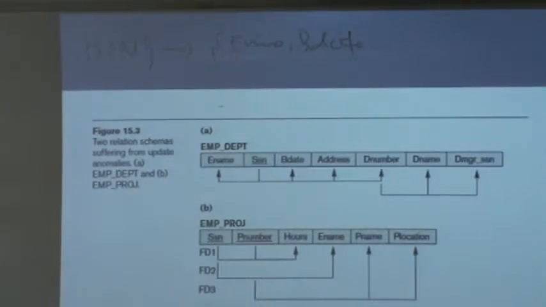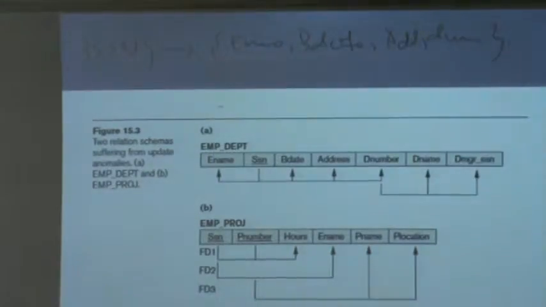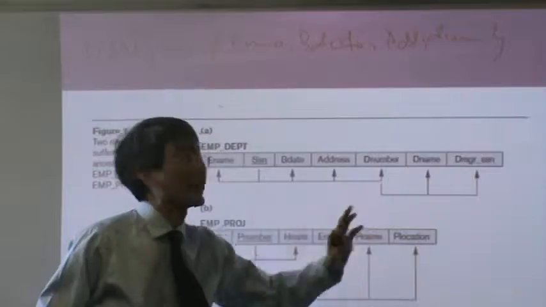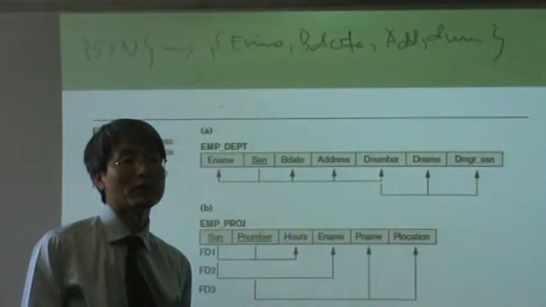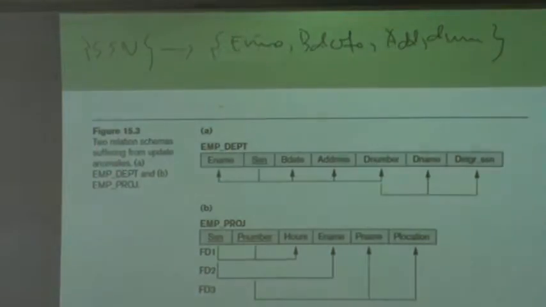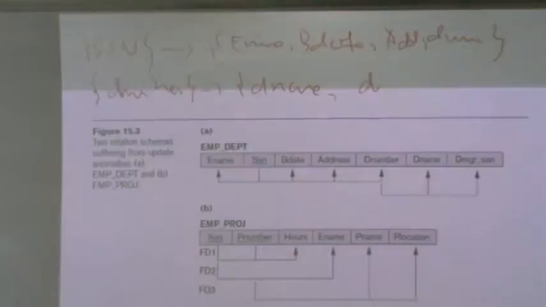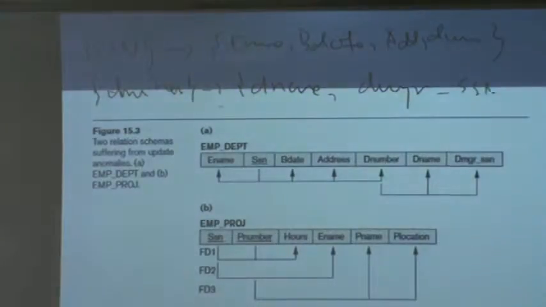It cannot determine the D-name. So only up to D-number. Also, we can find another core dependency. That is D-number determines D-name and D-manager social security number.